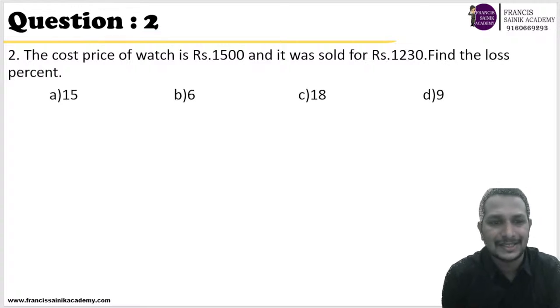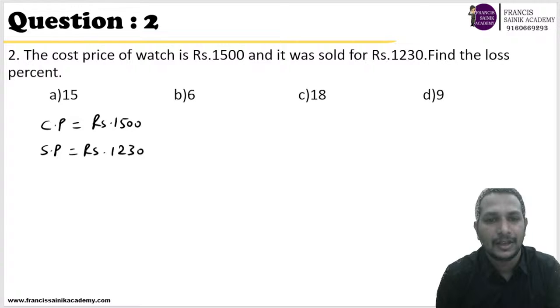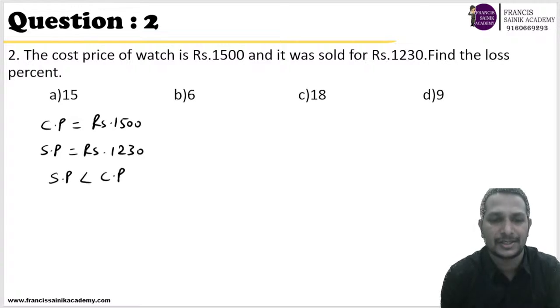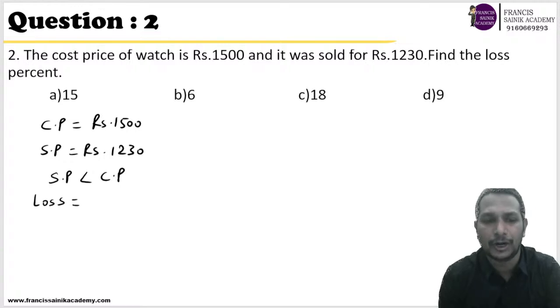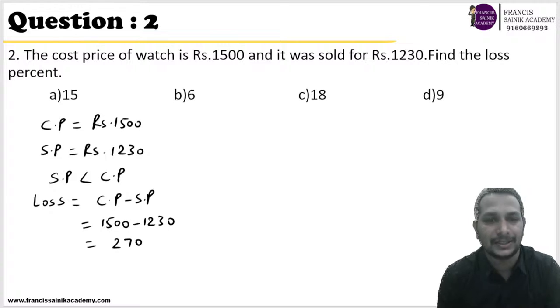Here the cost price of the watch is 1500 and the selling price is 1230. The selling price is less than the cost price, which means he got a loss. The loss formula is cost price minus selling price, which is 1500 minus 1230, which is 270.